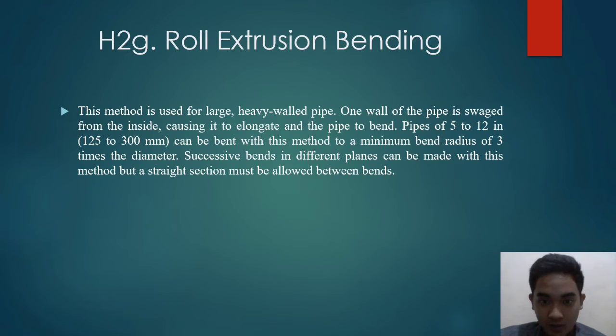Pipe of 125 to 300 millimeter can be bent with this method to a minimum bend of 3 times the diameter.